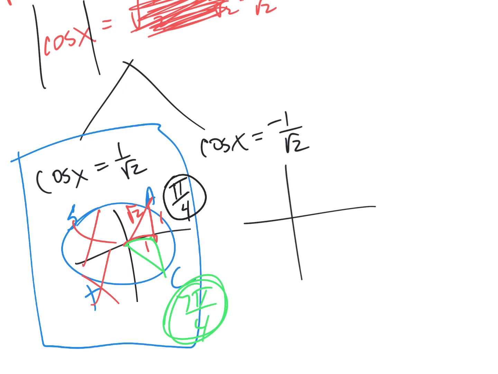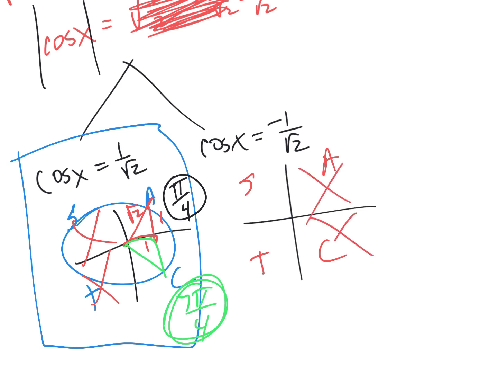And then hint, remember that reinventing the wheel thing? You're not going to have to think about what these are. These are also pi over 4s. Okay, so then which quadrants though? The opposite of A, S, T, and C, which ones?